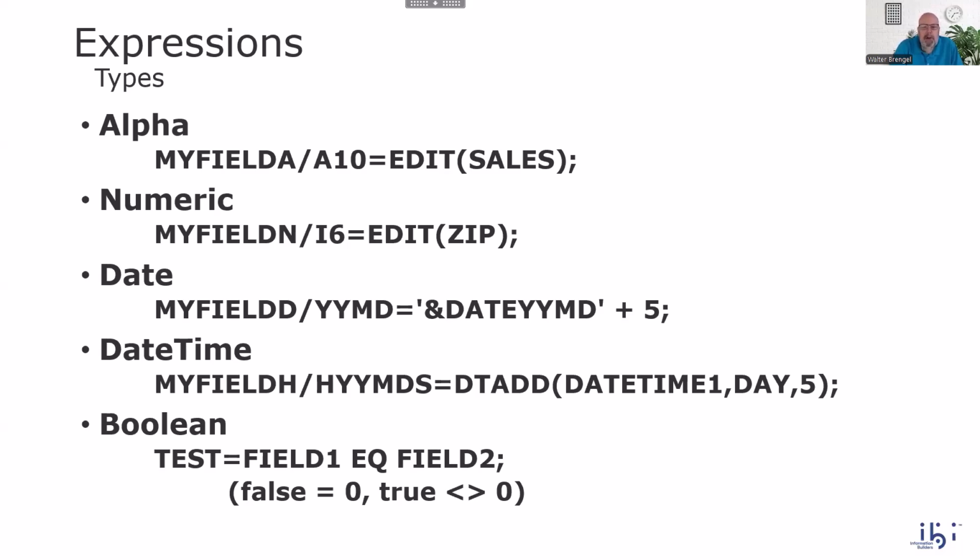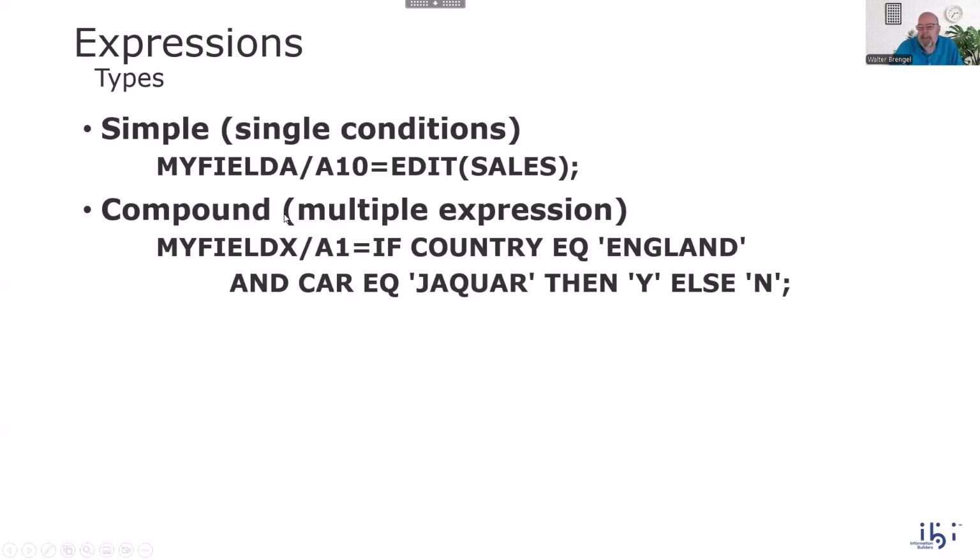Notice there's no test, there's no IF in here, there's no IF THEN ELSE and then value. So what happens is we evaluate field one, and if it's equal to field two, the result is true, true being a non-zero result. If it's false, then you get a zero. But because I don't have a field format, we use the default field format of D12.2, so it's numeric. And again, there's no IF. It's basically just, run this expression and either it's true or it's false.